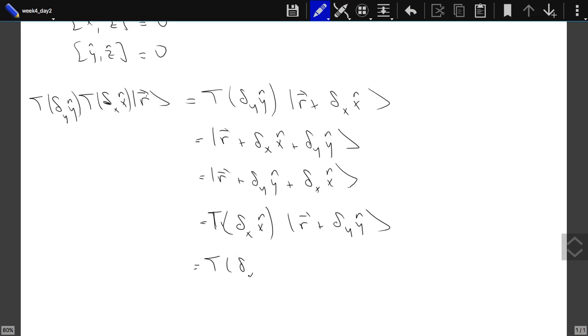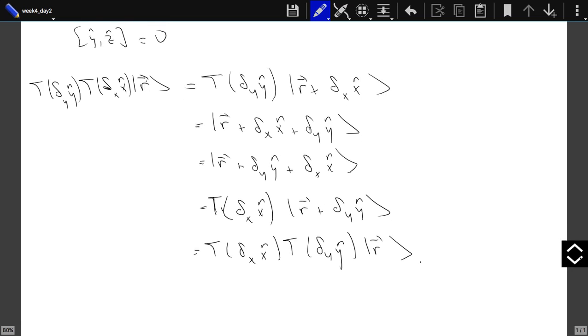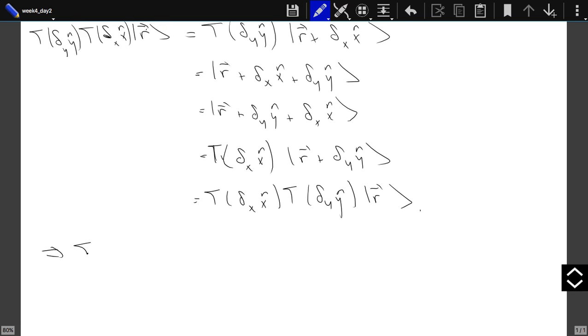This is true for any position ket. Well, this basically tells me that translation in the y direction and translation in the x direction commute.